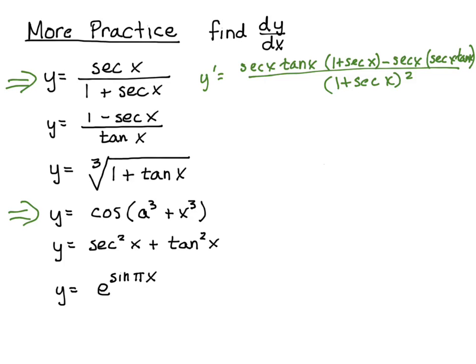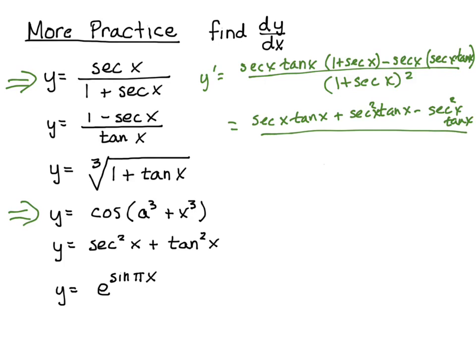If we do one round of simplification, we can see that the numerator distributes as the secant of x tangent of x plus the secant squared x tangent of x, minus the secant squared of x tangent of x, all over 1 plus the secant of x squared.